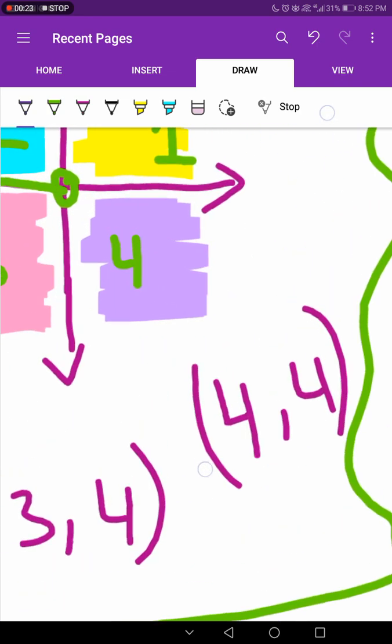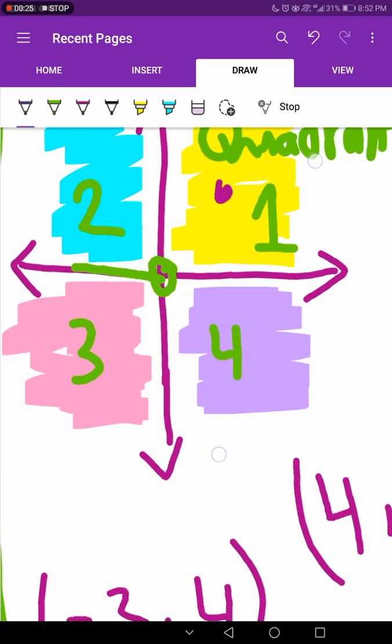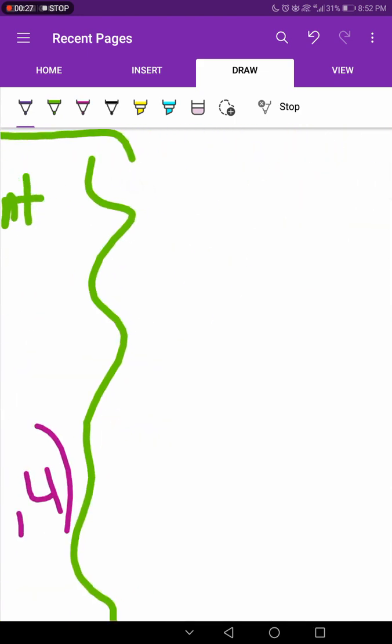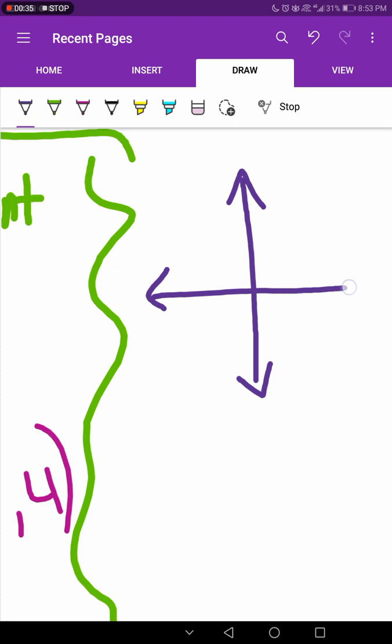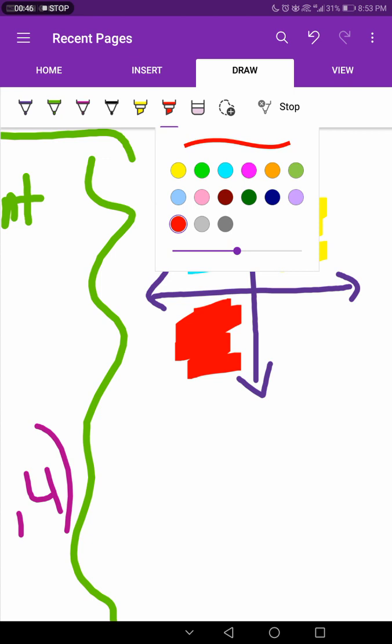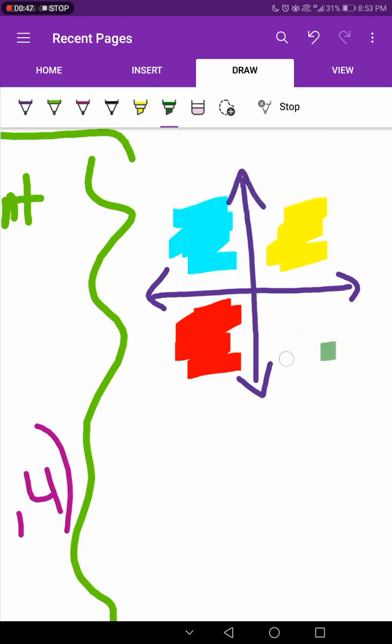The first thing, you know the x and y, the coordinate plane. Yes, you know it is partition. You have to know there are four partitions: 1, 2, 3, and 4.